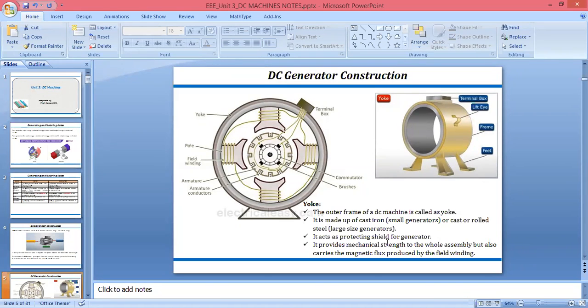Because magnetic flux will be created, due to which EMF will be induced here. So we can say this is the structure, this is the circuit, this is the construction diagram for the DC generator, in which we are using yoke, pole, armature, commutator, brushes. We will see one by one.